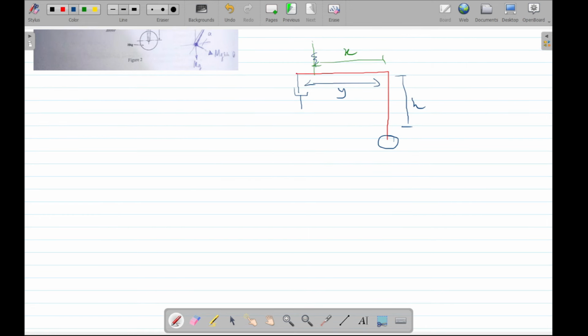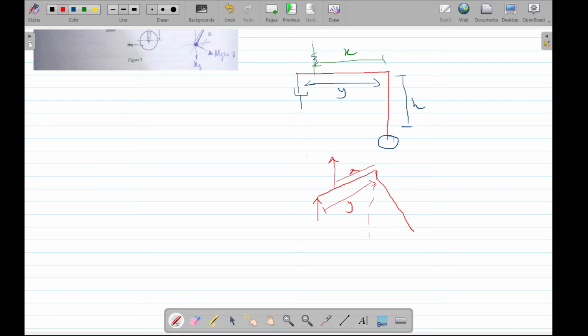So if we rotate, if we excite the body, the system is going to look something like this. All right, so at this stage you have the damper acting on it and then the spring force acting up like this. So this is y and this is x, isn't it?